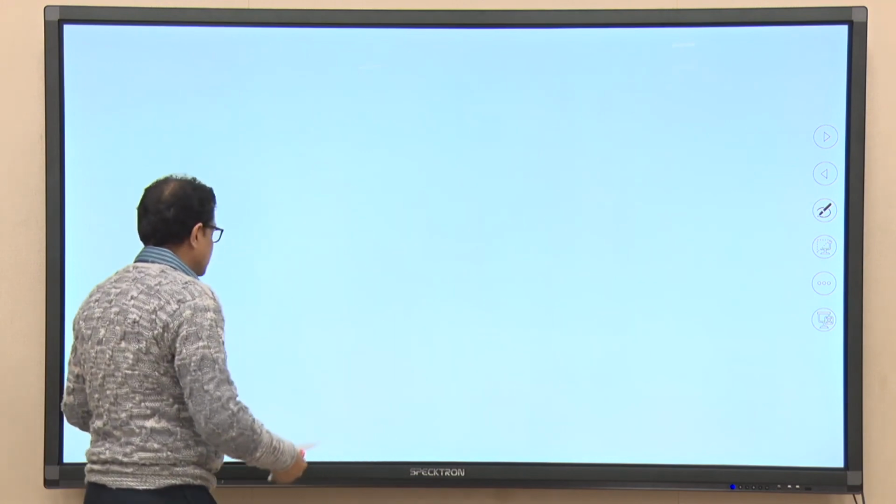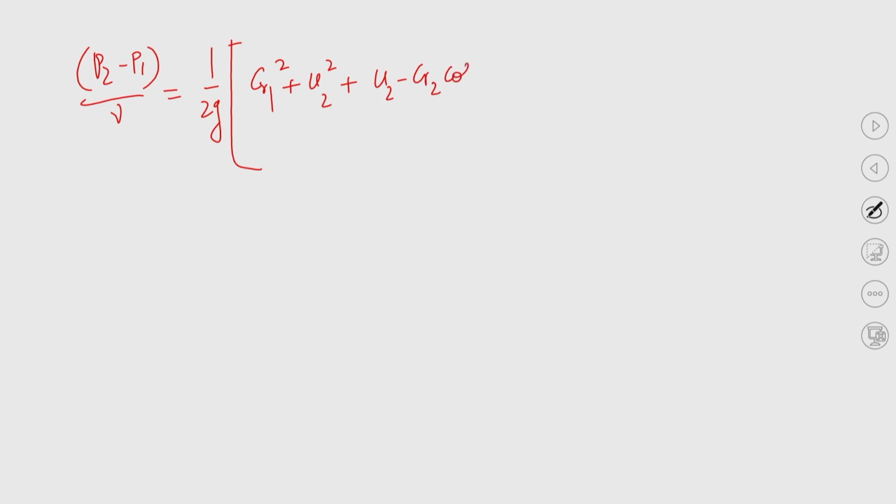So, if I write this expression further, then we can write this P2 minus P1 divided by gamma, this is nothing but 1 upon 2g into C1 square, CR1 square plus u2 square plus u2 minus CR2 cot beta 2 square, minus CR2 square into 1 plus cot square beta 2, that is cosec square beta 2, minus C theta 2 square.